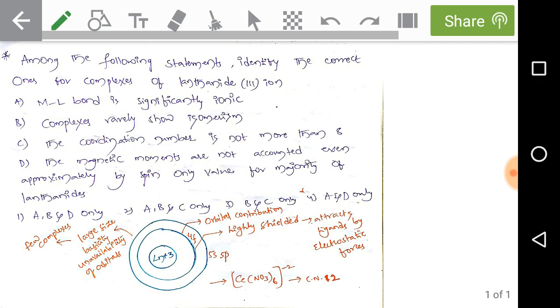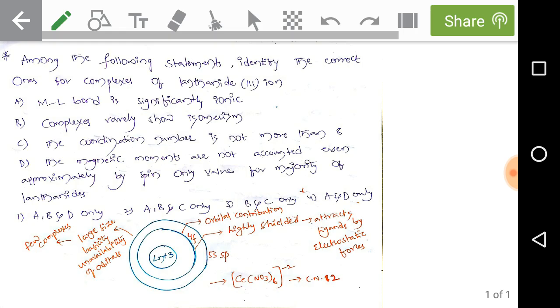Next question: among the following statements, identify the correct ones for complexes of lanthanide plus 3 ions. The first statement, the metal-ligand bond is significantly ionic, is correct, because lanthanide plus 3 ions have inner f orbitals which are highly shielded by 5s and 5p orbitals.